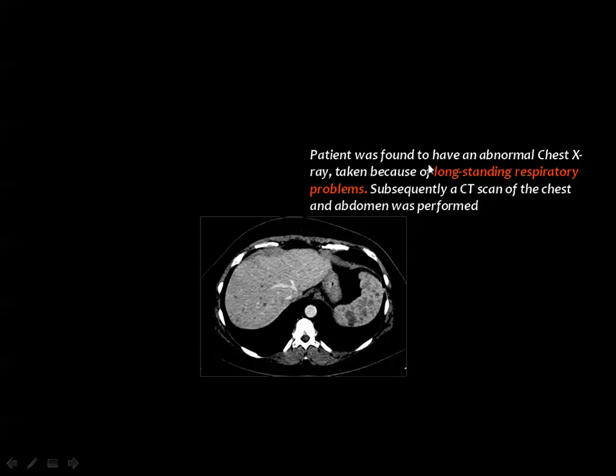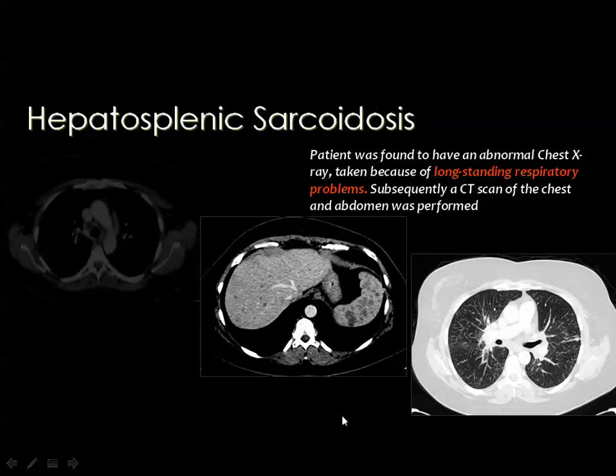Then in this particular patient, who had an abnormal chest X-ray taken because of long-standing respiratory problems, a CT scan of the chest and abdomen was subsequently performed. This is a slice from the scans of the abdomen showing small lesions scattered in the liver and other lesions in the spleen, and these lesions by CT do not look cystic.